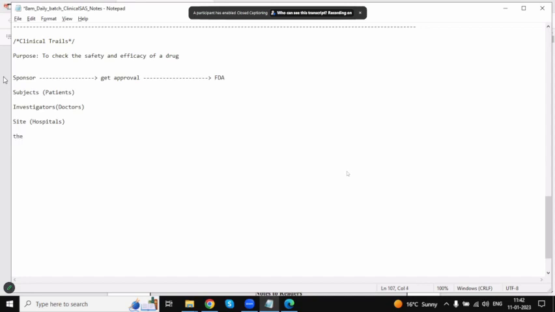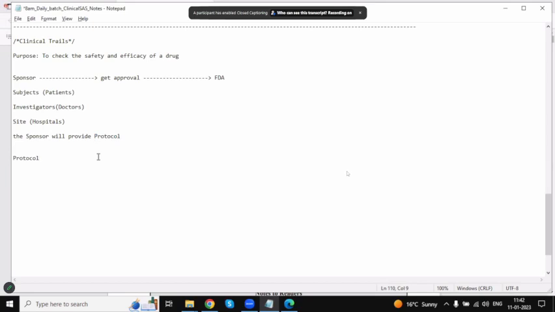Next, the first thing where it will start: first the sponsor will provide one protocol document. He'll give this protocol document, and they're going to send it to our team as well.